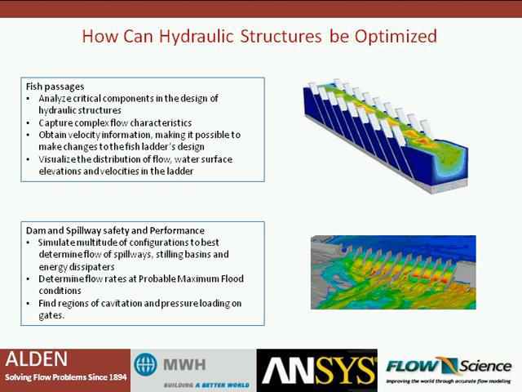And then with dam and spillway performance, you can look at things like what configurations would best work, how does my stilling basin work, and the energy dissipators. And then you could look at things like flow rates for probable maximum flood conditions and find regions of cavitation and pressure loading on gates.